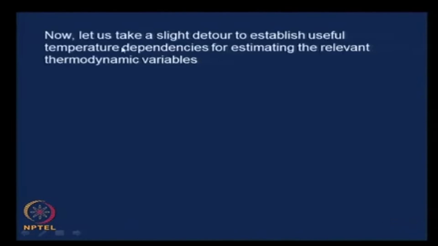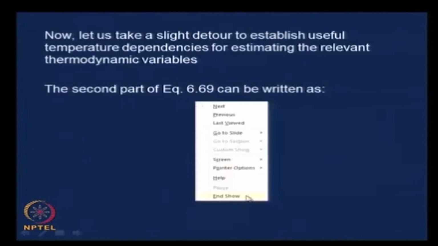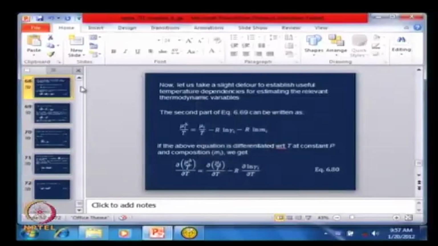Now we are going to take a slight detour to establish useful temperature dependencies for estimating the relevant thermodynamic variables here, the equilibrium constant and so on. For that we are going to write the second part of equation 669. What is 669? Let us go back and show that to you.